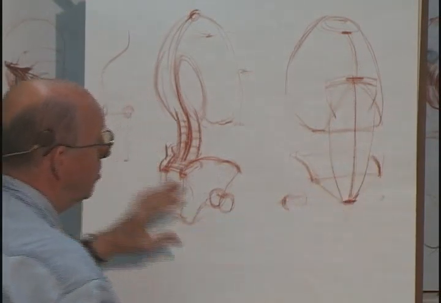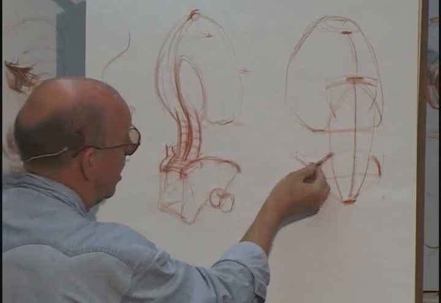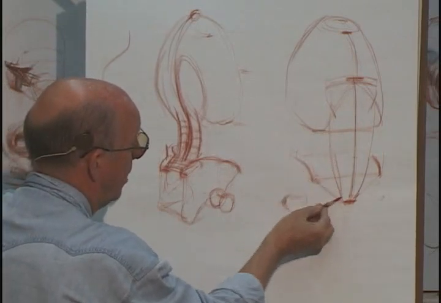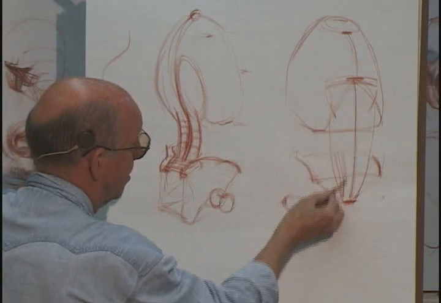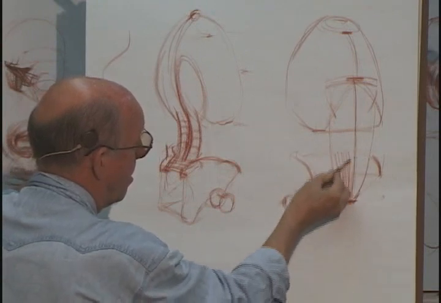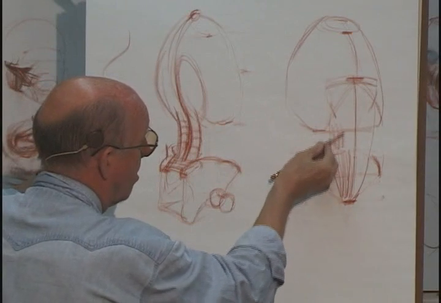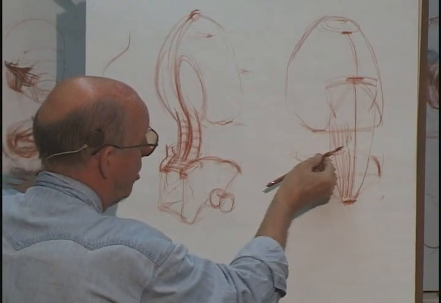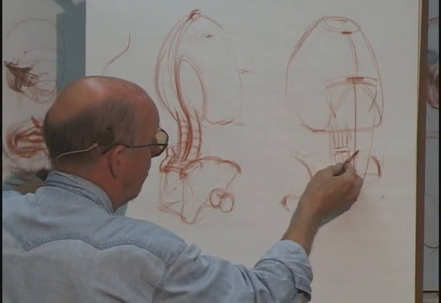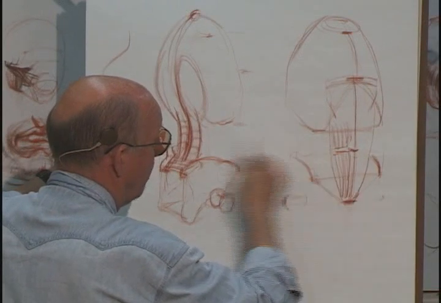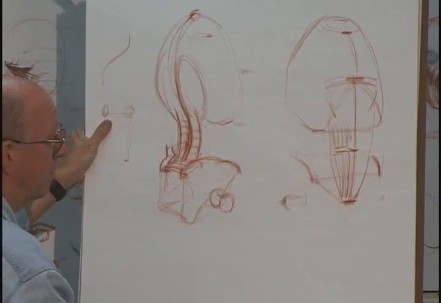Now, the muscles work as a series of bunches of muscles with gaps in between that we refer to as our apse, the navel here at the waist.